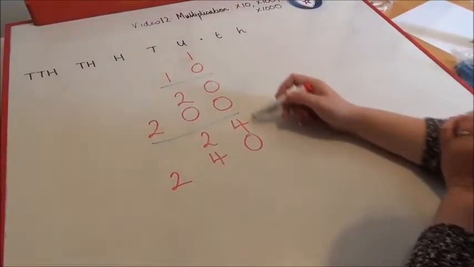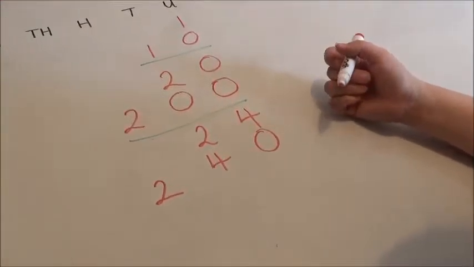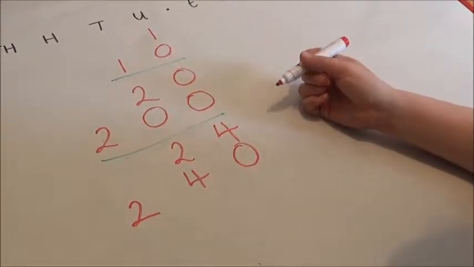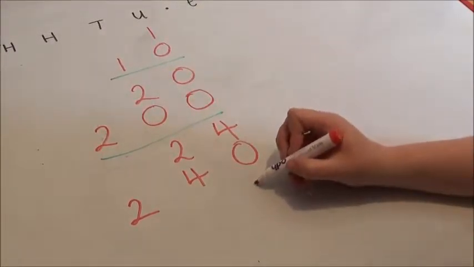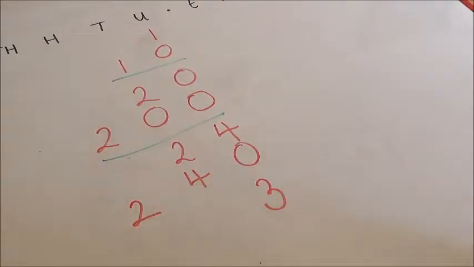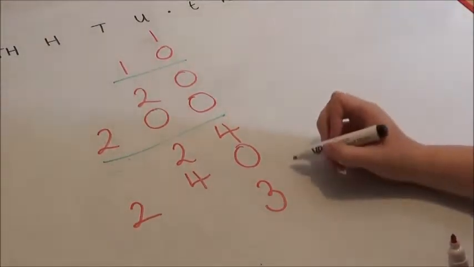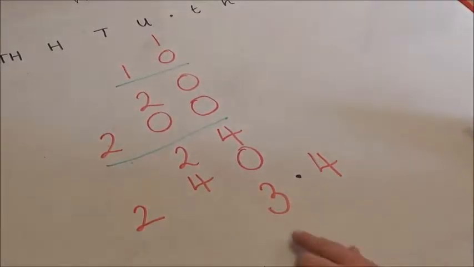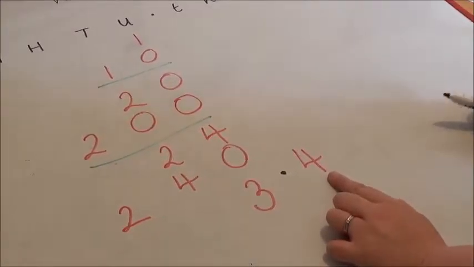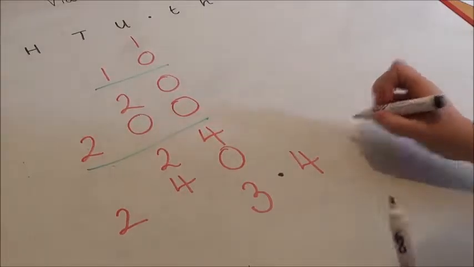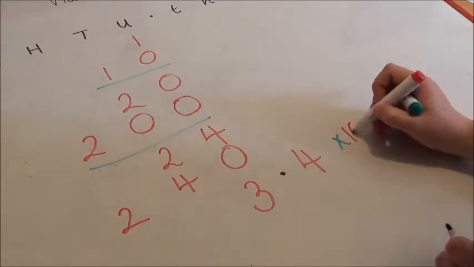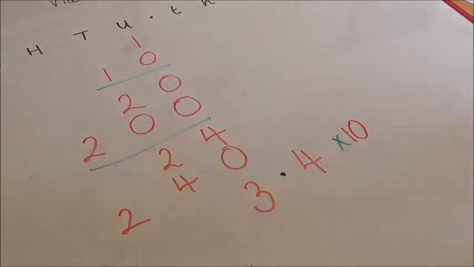Because when we get to decimals and we're timesing decimals by 10, 100 and 1,000, we can't just add a 0 on. So if I had the number 3.4 and I was to make the number 3.4 10 times bigger, if I was to times that by 10, I'd still be moving it up the place value position.